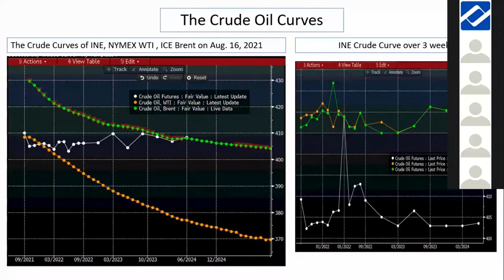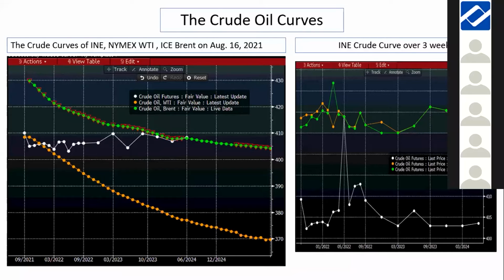Now this is where we really start to see some of the opportunities. These are charts plotting the commodity curve of the different crude oil contracts. On the chart on the left, in green, is the Brent crude, and the line in orange is the WTI.